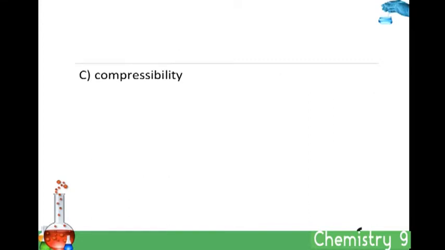Compressibility: solid is less than liquid is less than gas. Kinetic energy: solid is less than liquid is less than gas.